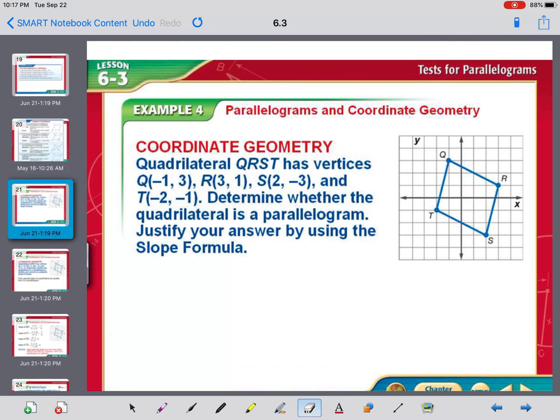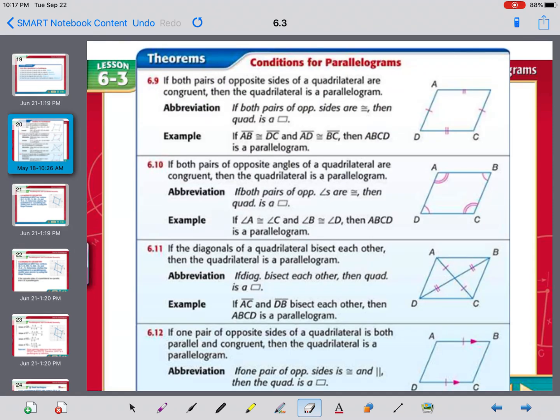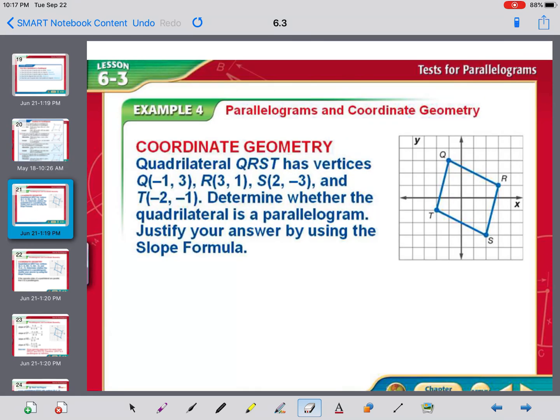Remember, there's really 4 ways to prove the quadrilateral is a parallelogram. You can have opposite angles congruent, opposite sides congruent, both pairs. You can have one pair that's both congruent and parallel, and that's how we can do it.